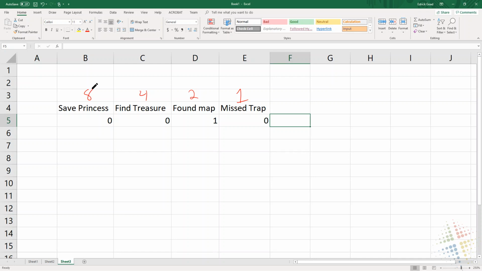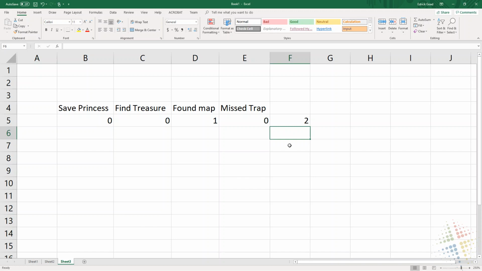Well, now suddenly we have no 1s, there is a 2, no 4s, and no 8s. Therefore, my ultimate number here is 2. So now, instead of saving 4 different variables, one for did they save the princess, did they find the treasure, and so on, now I only have to store one number, which is the number 2.